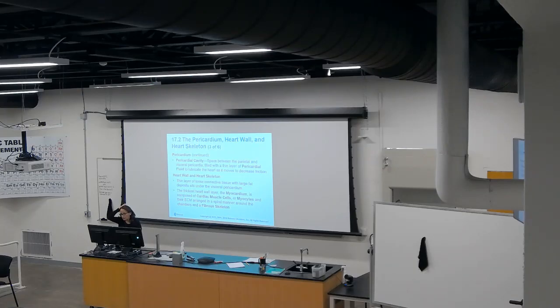And now our heart has a wall and it has a skeleton. The wall is made out of 3 layers. The middle layer, which is the most abundant, the thicker layer, is the myocardium. Then it has an inner layer and an outer layer. The inner layer is called endocardium. Endo means inside.